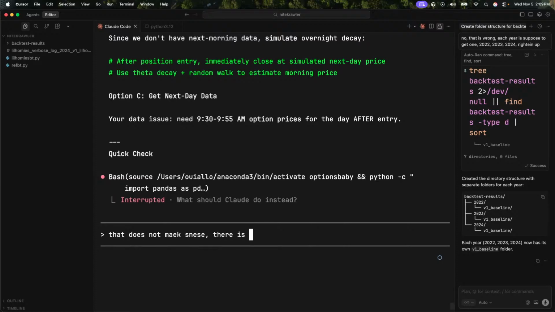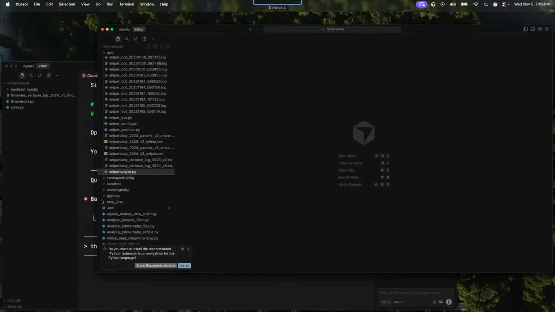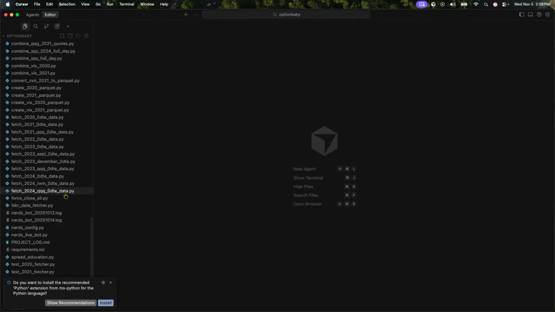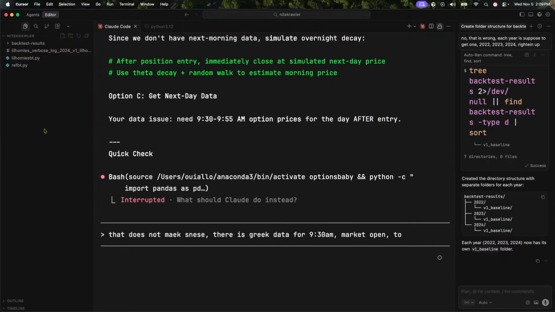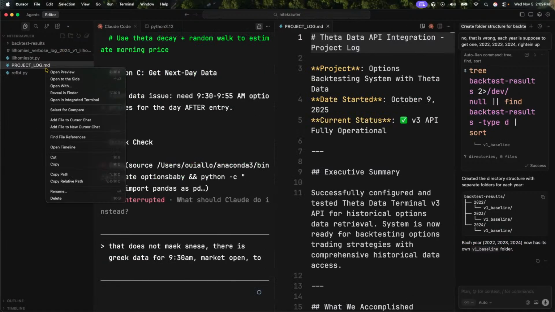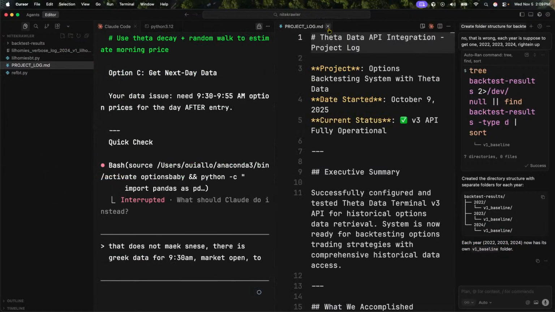There is Greek data for 9:30 a.m. market open till, you know what? This is pissing me off at this point. Hold on, y'all, because there's something that we're missing that I need to get better. Let me bring over this data information real quick and nip this in the bud.